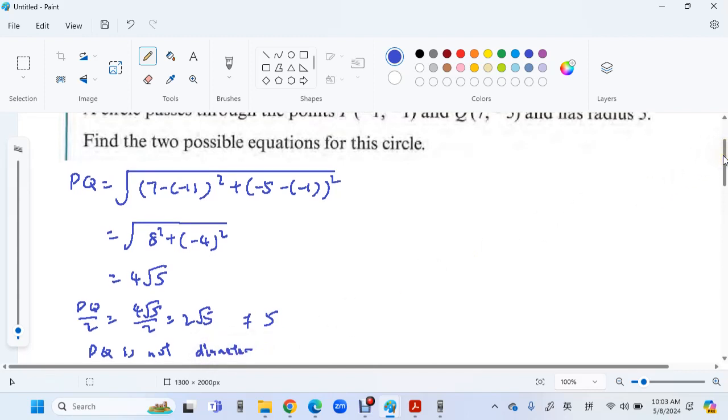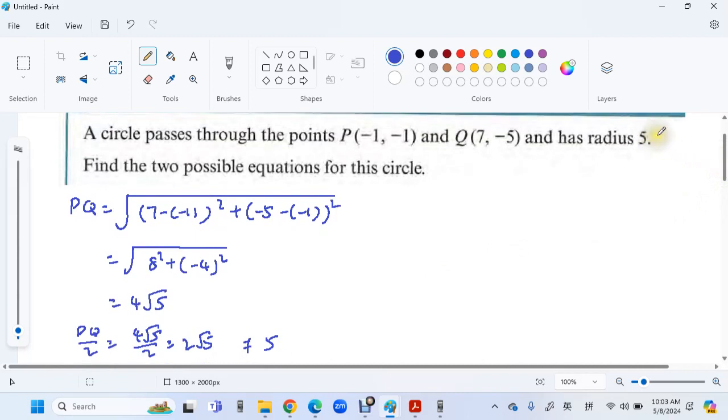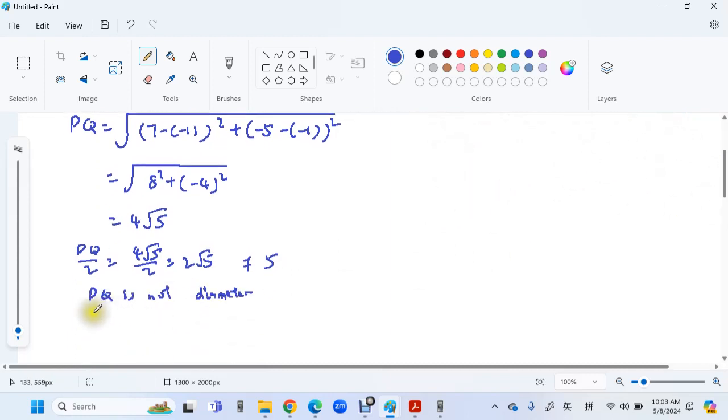Over here, we know that the radius is 5. So therefore, PQ is a chord.